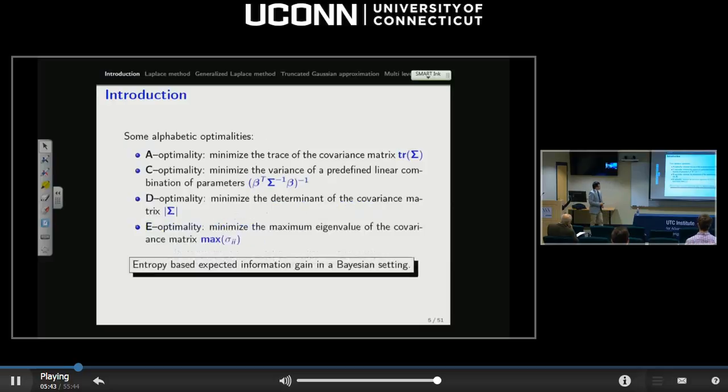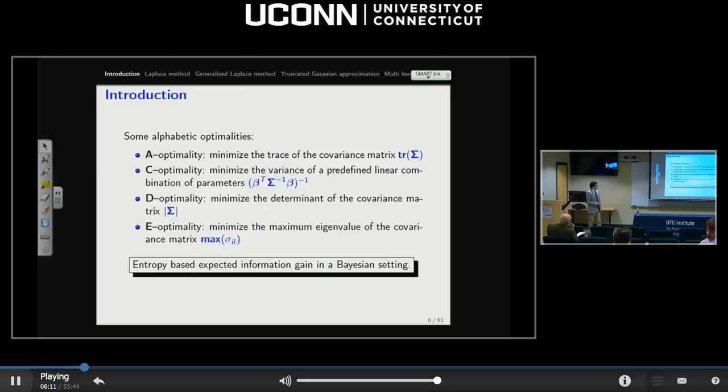According to different optimality criteria, we have different designs. Here are several of the alphabetic optimalities. For A optimality, we want to minimize the trace of the covariance matrix. For C optimality, we want to minimize the variance of a certain quantity of interest, which is a linear prediction of theta.